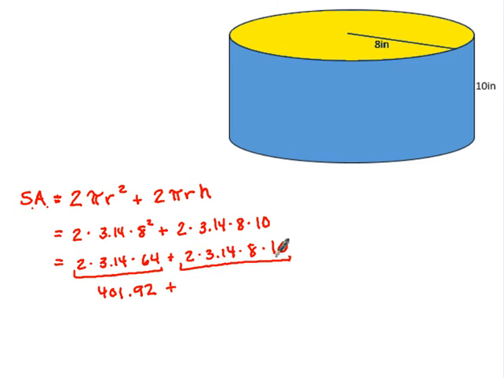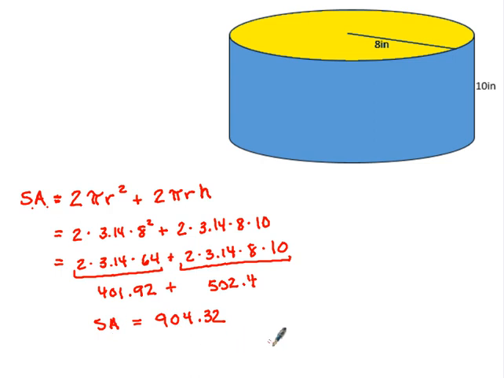And when we multiply all of these values together, we come up with a value of 502.4. Our final step is simply to add these two values together, and we arrive at 904.32, which is going to be the surface area of our cylinder.